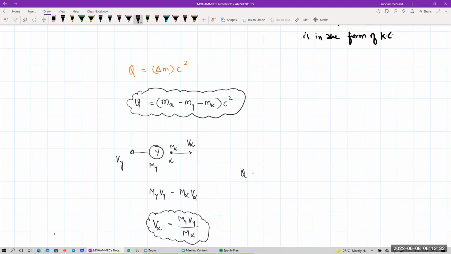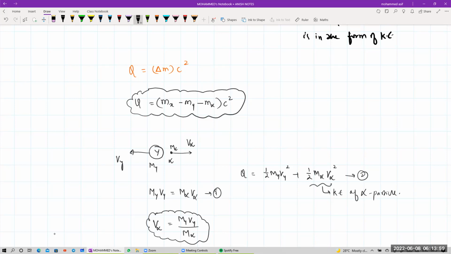I told you the kinetic energy is in the form of Q. That will be equal to half into the mass of the daughter nucleus into the square of its velocity, plus half into the mass of the alpha particle into the square of its velocity. So this will be the kinetic energy of the alpha particle. This is my equation number 2 and this is my equation number 1.